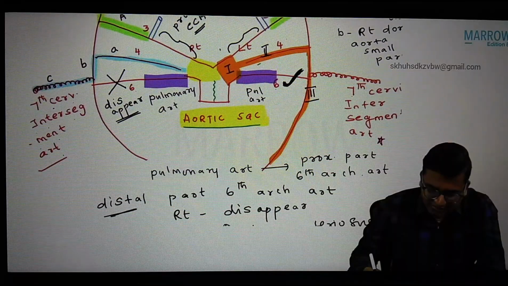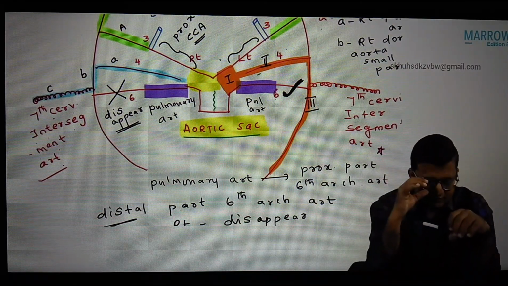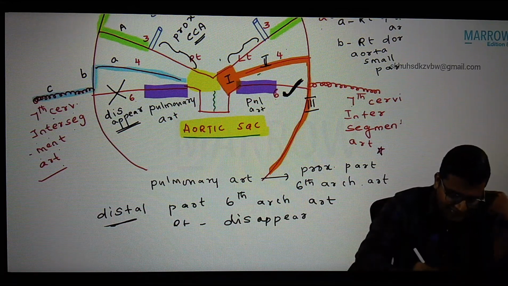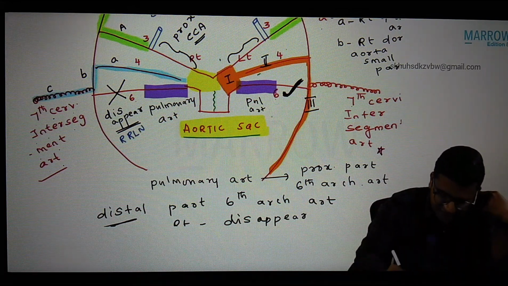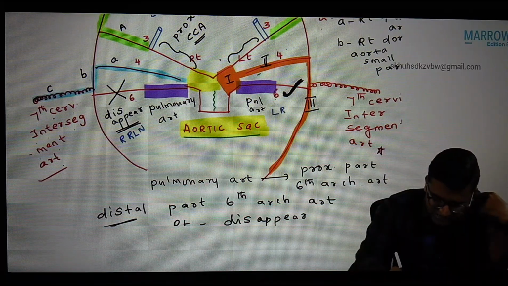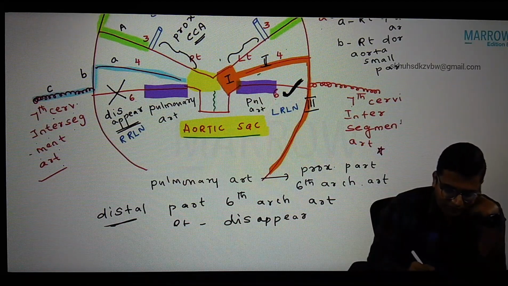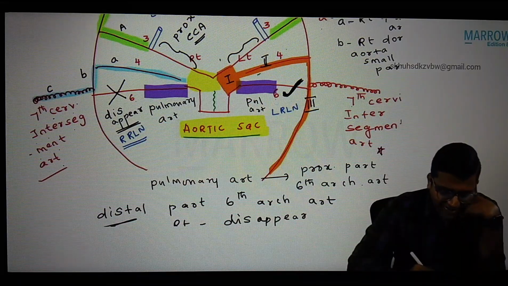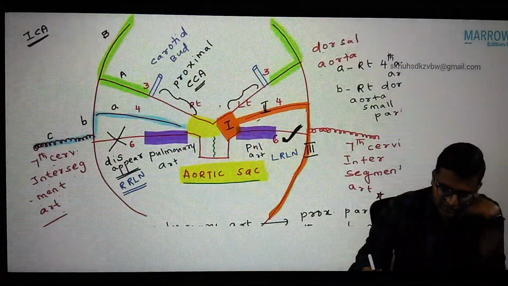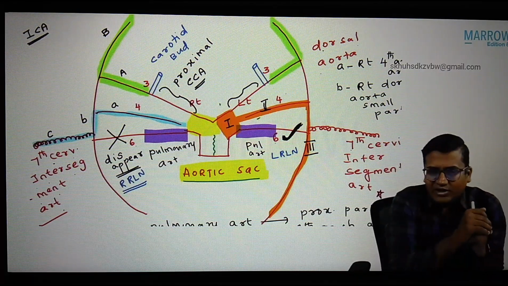Now, what is the nerve of the sixth arch? Recurrent laryngeal nerve. This is the right side recurrent laryngeal nerve, and this is the left side. Now the distal part of the right sixth arch artery will disappear. So the right recurrent laryngeal nerve is not able to hook around the sixth arch artery. Why?